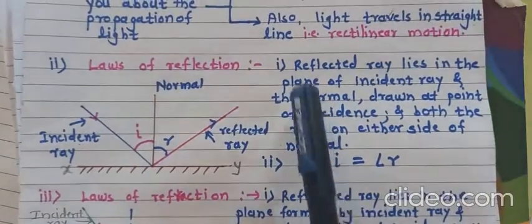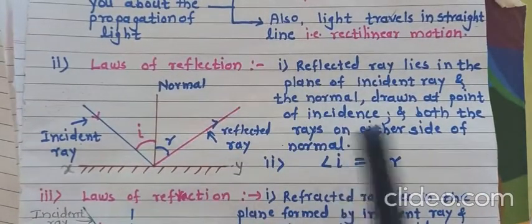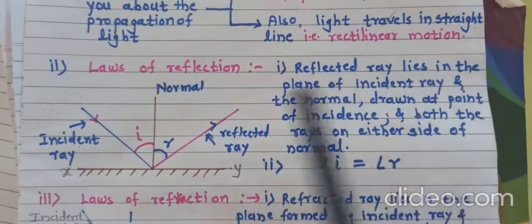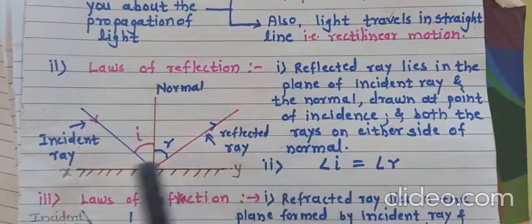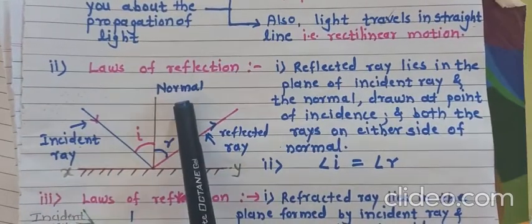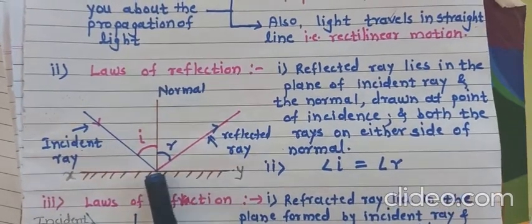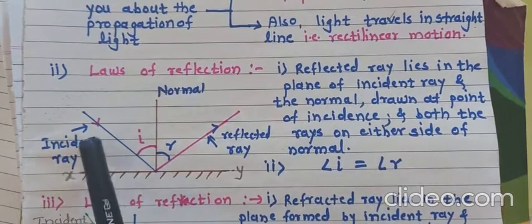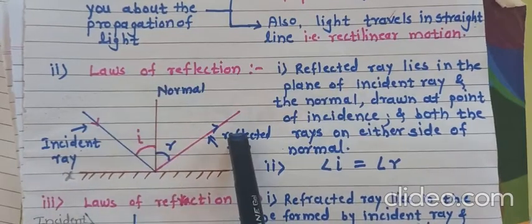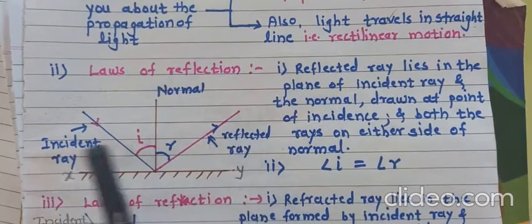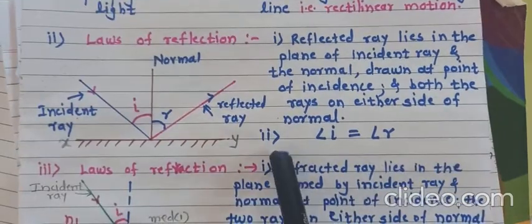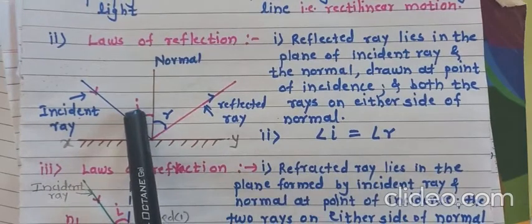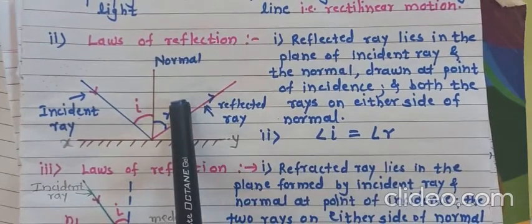Then the law states that the reflected ray lies in the plane of the incident ray and the normal drawn at the point of incidence, and both the incident ray and the reflected ray are on either side of the normal, and the angle of incidence is equal to the angle of reflection.